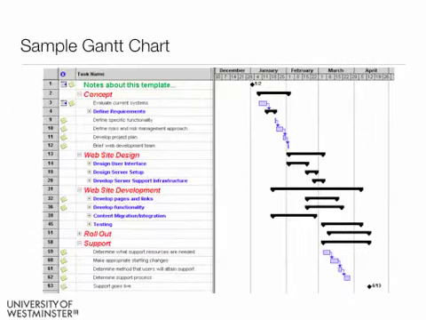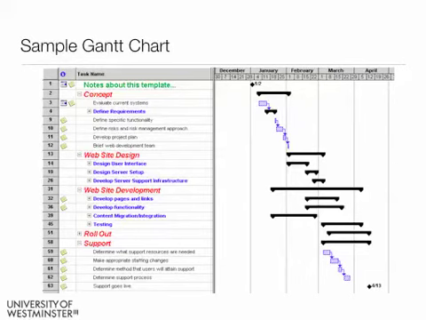We could look at the Gantt chart for this project. Again, we see the concept, website design, website development, rollout and support. It's good. We're broken down into the subtasks, and we also now have a time frame. We know when we should be doing different things.